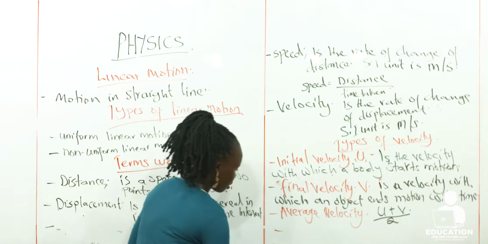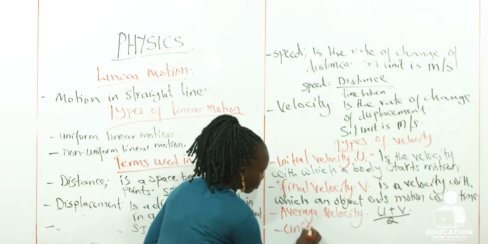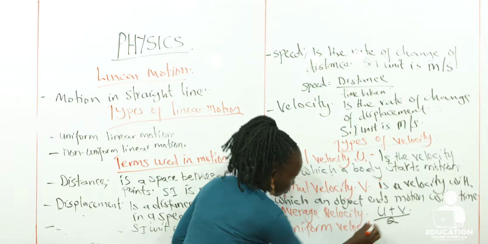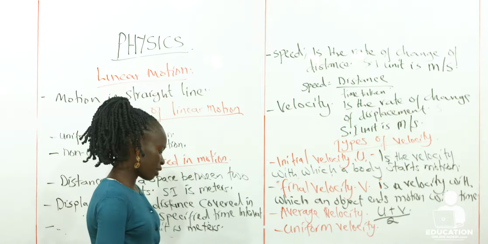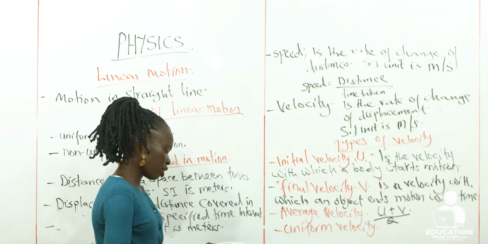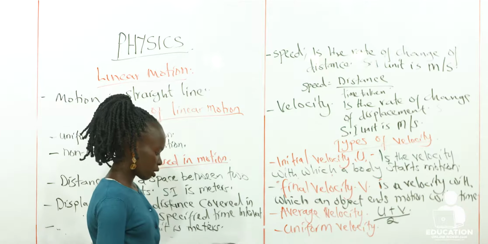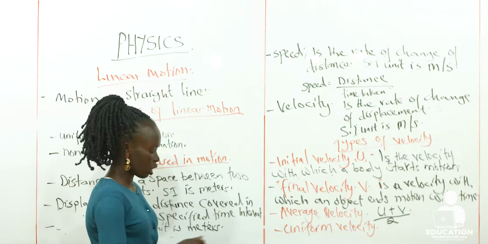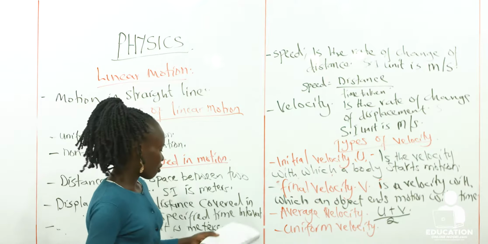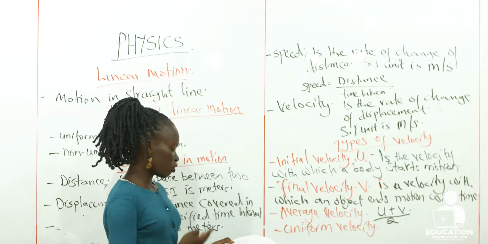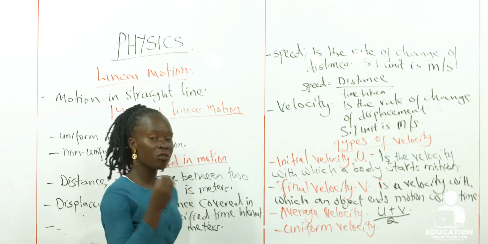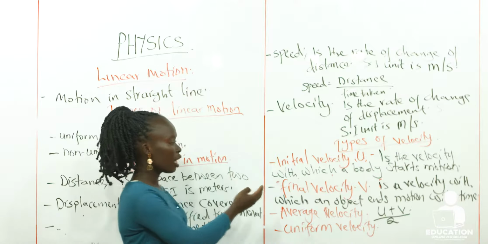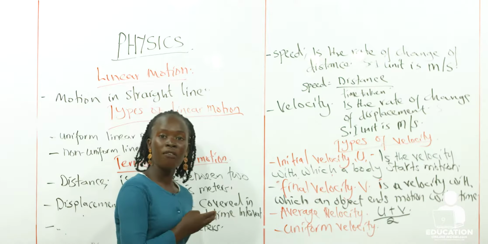Under a uniform velocity. So if someone is saying a car is traveling with a uniform velocity of 20 meters per second, what happens with this uniform velocity? If it is uniform velocity, it means that our final velocity is equal to the initial velocity.